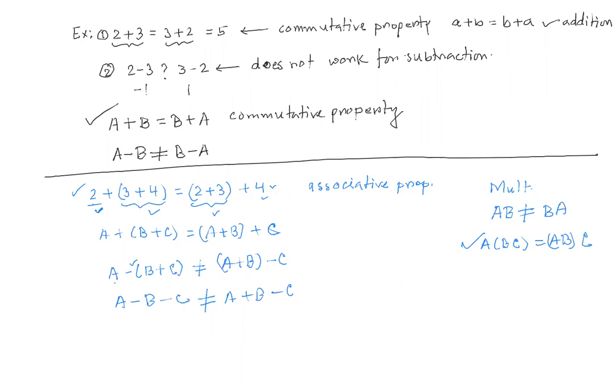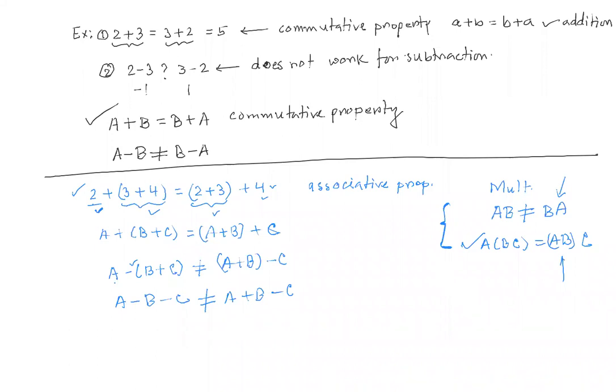We'll talk more about it later on, and you will get a clearer understanding of these properties. All right. So for now, remember, commutative property and associative property hold true for matrix addition. However, commutative property does not hold true for matrix multiplication, but associative property does hold true.